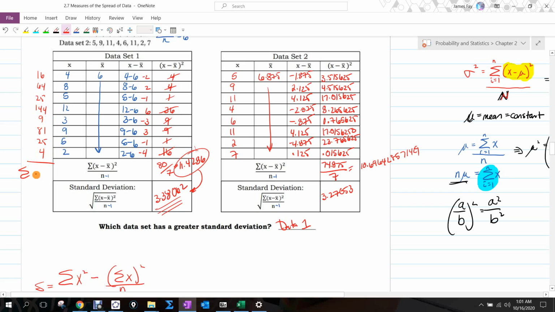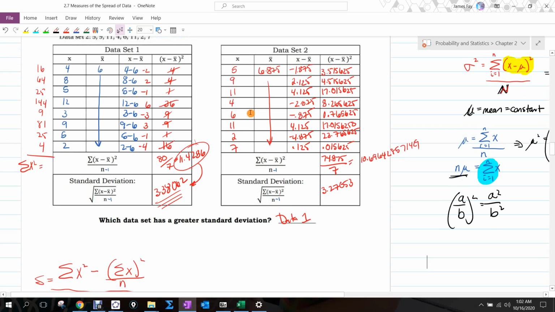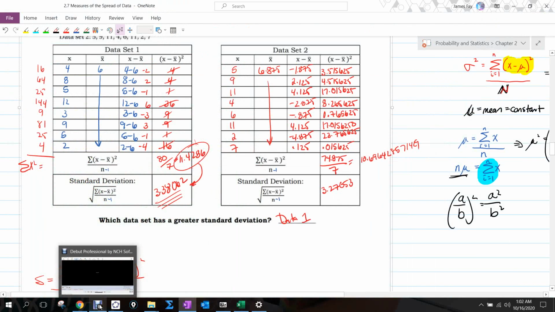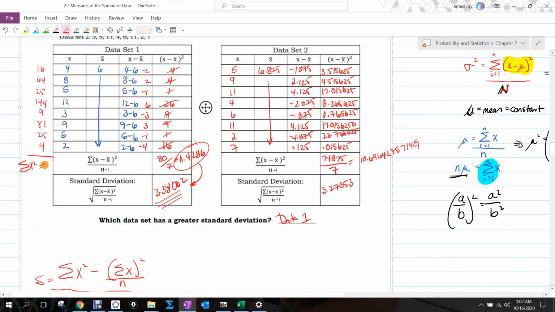So we're going to sum those up. That would be the sum of our x squareds. So this gives me 368 when we do that.